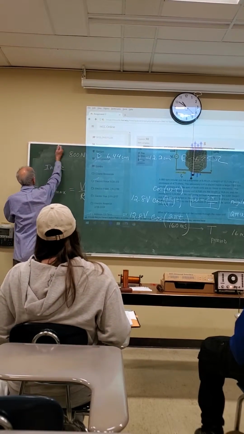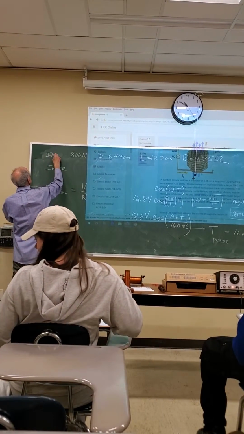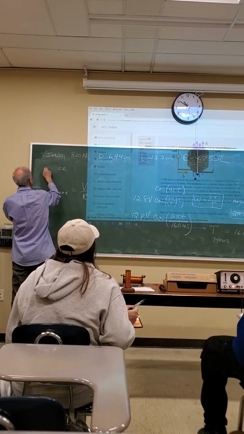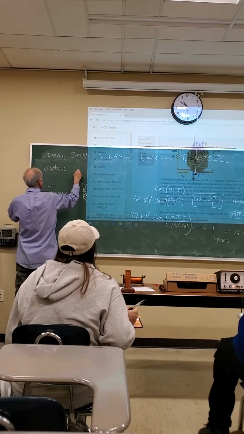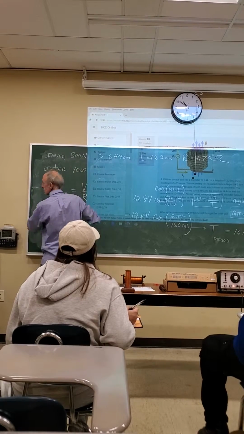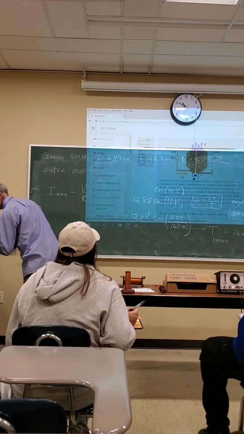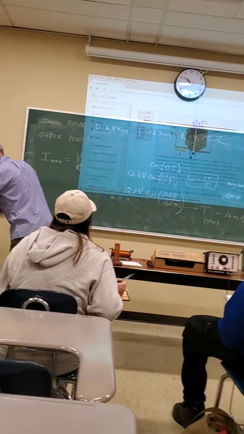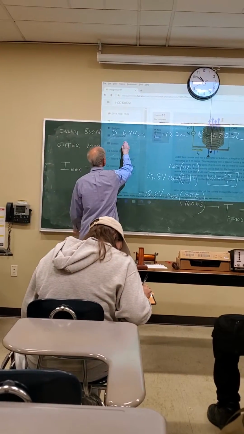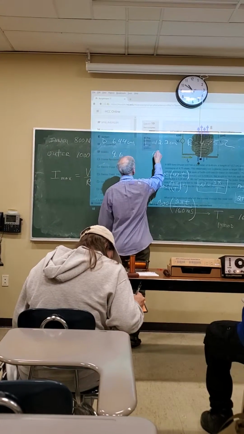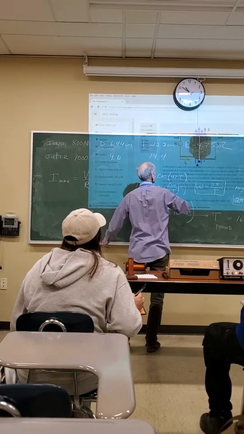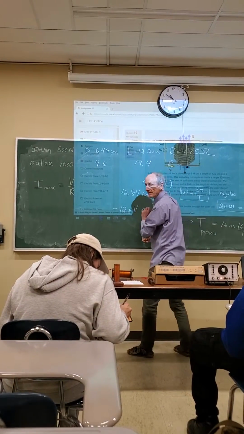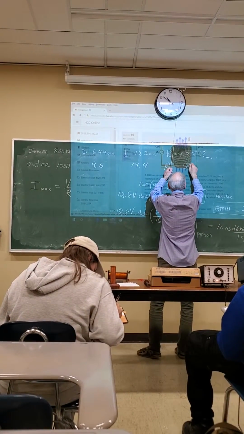So that's the inner. So this is 1,000 turns, 9.6, 14.4. Yeah, that's larger. And the R is what? 5.21?